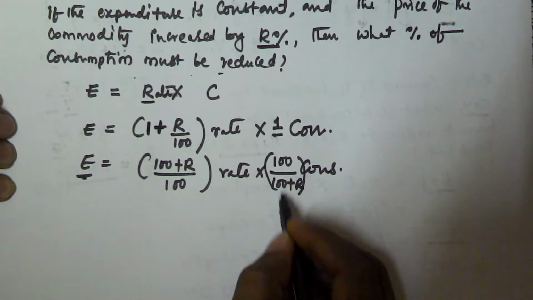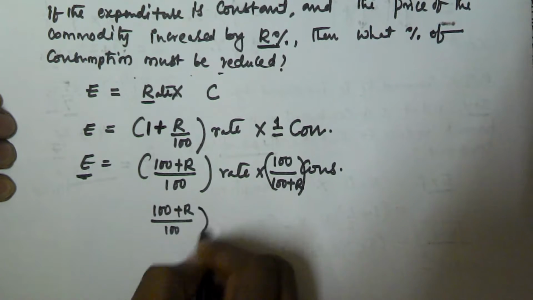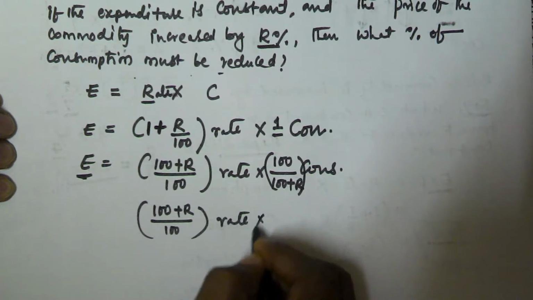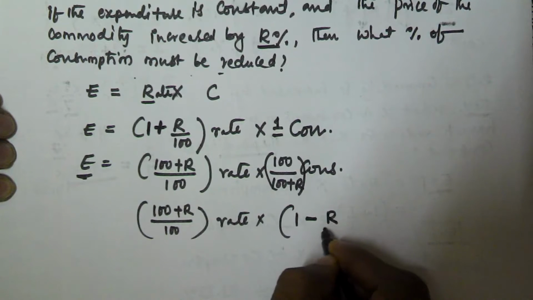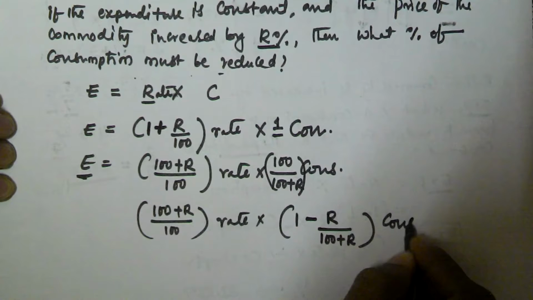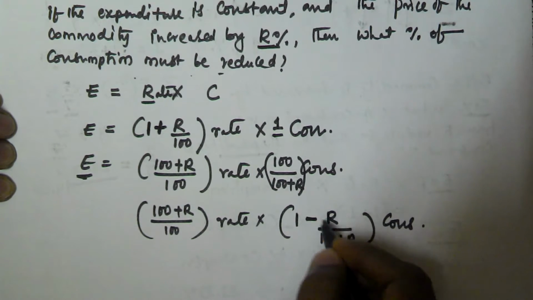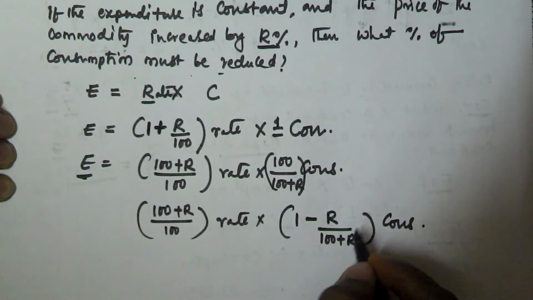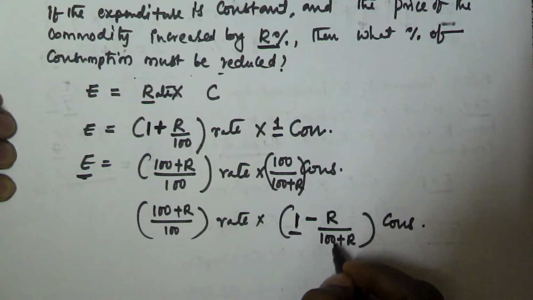The same can be written as (100 plus r) by 100 into rate into (1 minus r by (100 plus r)) into consumption. So 100 plus r, again r will cancel, and 100 by (100 plus r). That means initially 100 is there and it is reduced by r by (100 plus r).